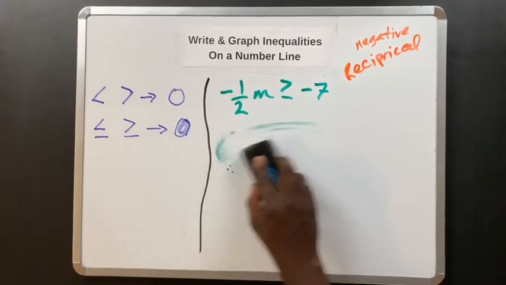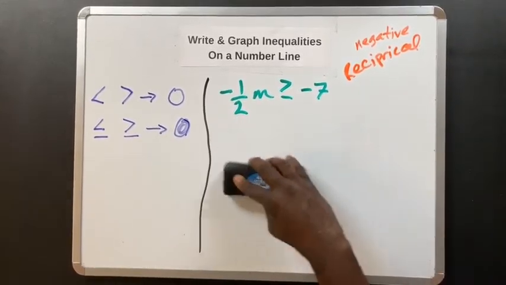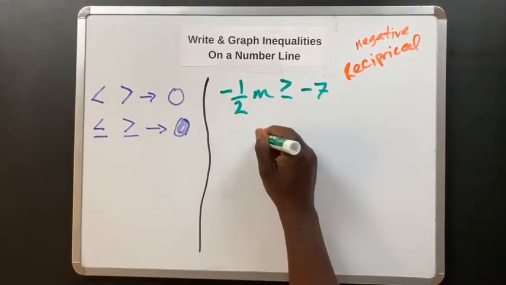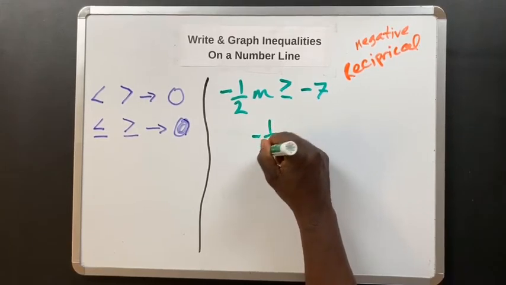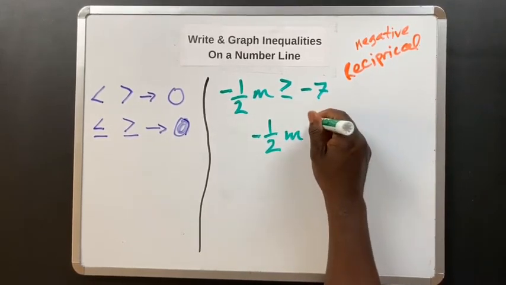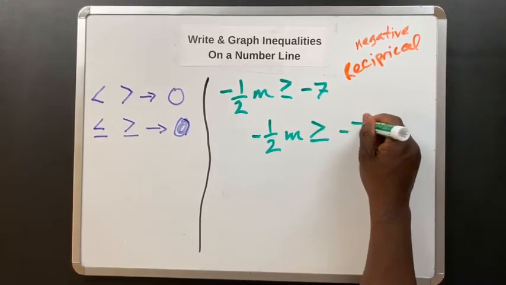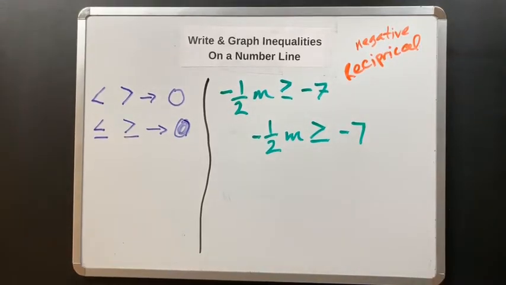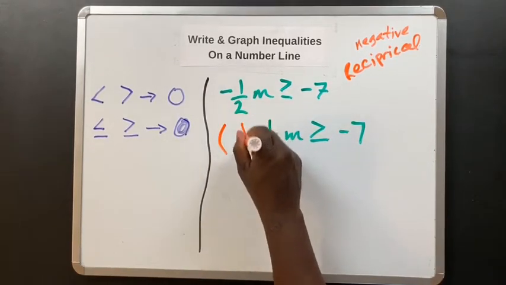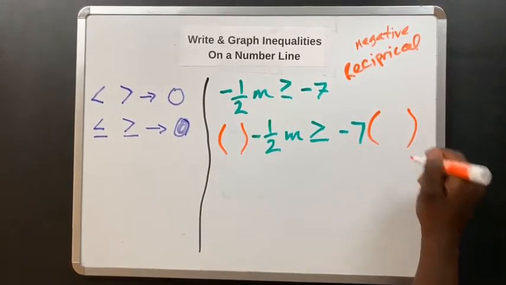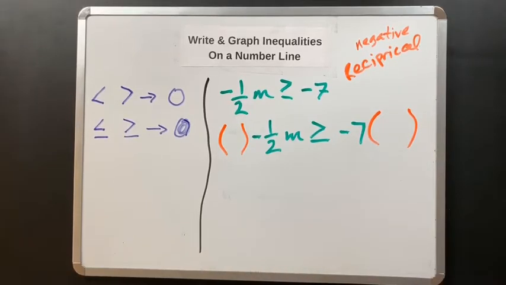I need some space. We move it over some. Negative 1/2 times m is greater than or equal to -7. Now I need to multiply both sides by the negative reciprocal this time. Both sides of this inequality.